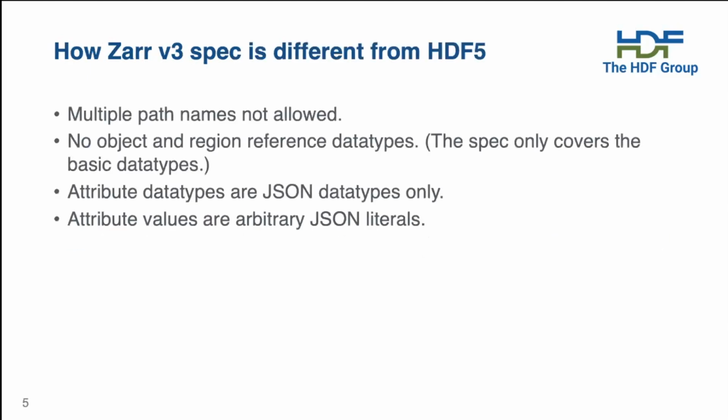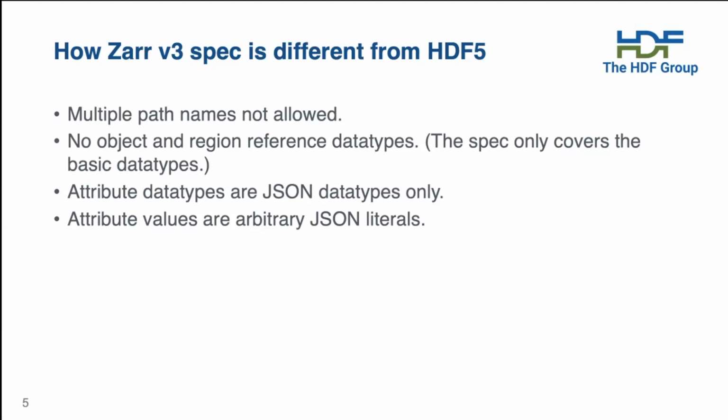So in a very unscientific way, I'll try to explain what the pros and cons are, but before that, I'm just going to mention the main differences between Zarr v3 right now and the HDF5 data model.